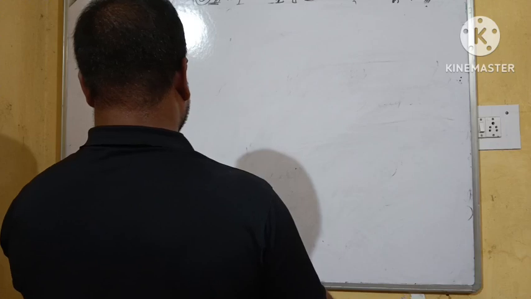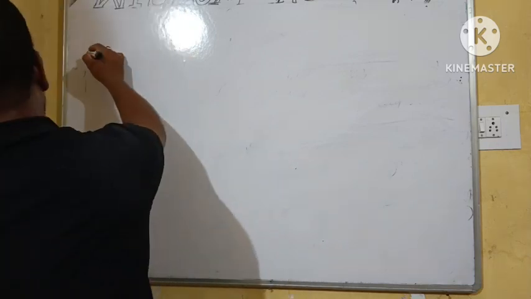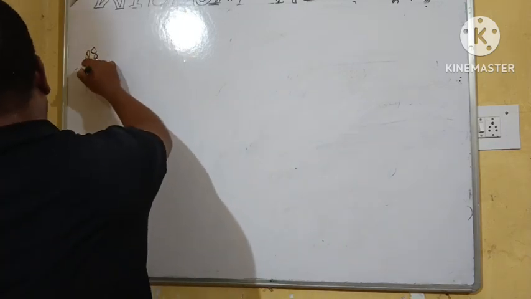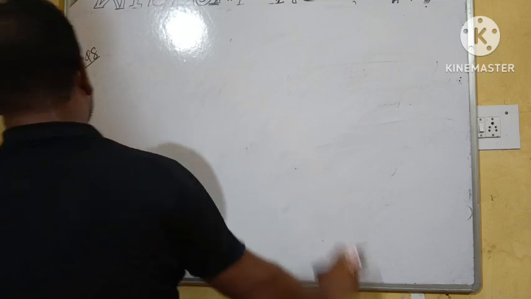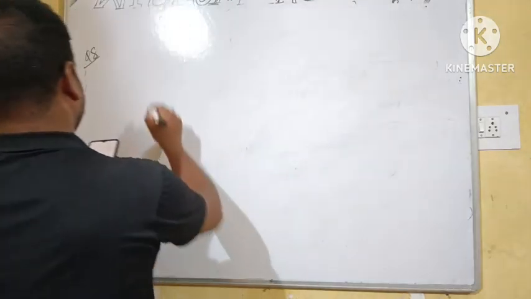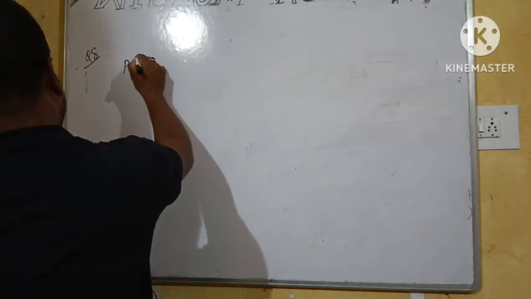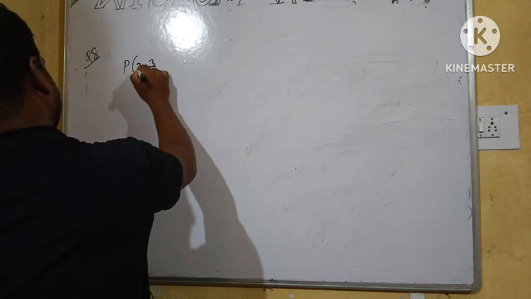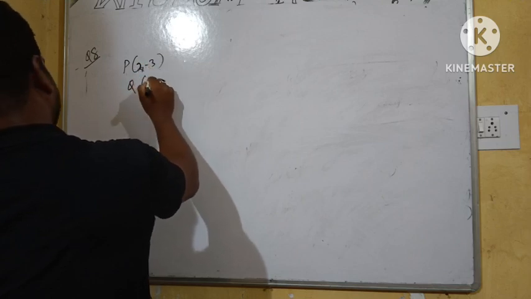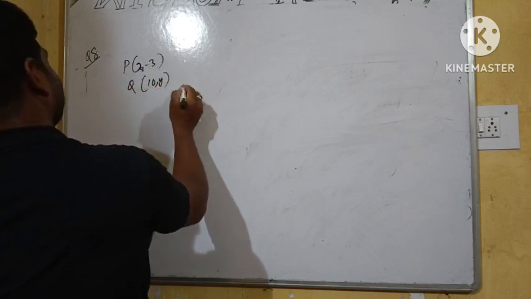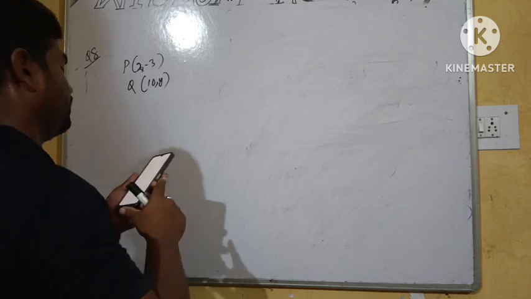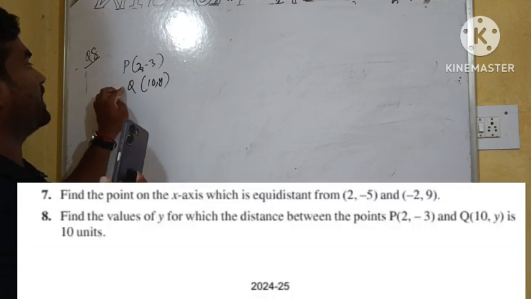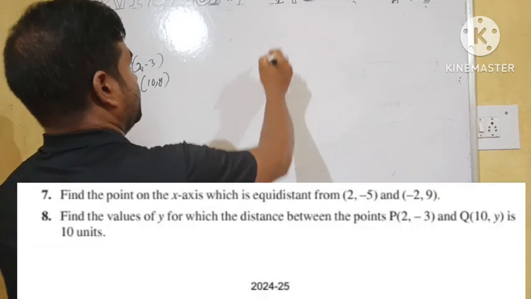Question number 8. Similar question is also given. Find the value of y for which the distance between P (2, -3) and Q (10, y) is 10 units. The distance between P and Q is 10 units.